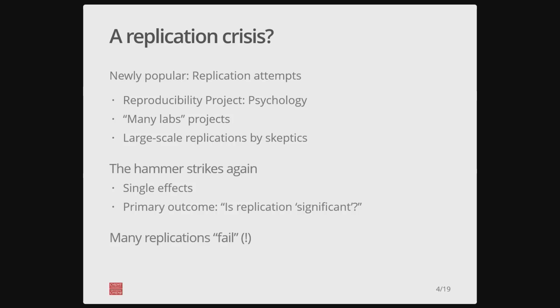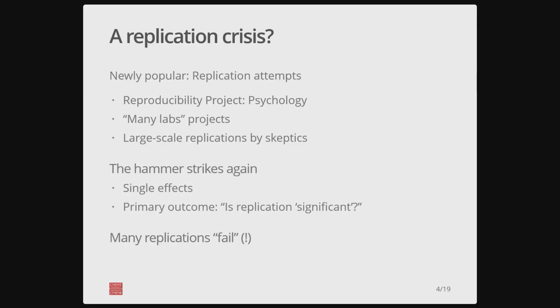And if you actually do a test for whether the effect sizes in the original and the replication are significantly different, you often find that that's not significant, and further, the uncertainty in that difference is huge. So we actually don't learn that much from these replications. And again, we have to blame misunderstandings about significance testing. So many replications fail, but we're not actually quite sure how to interpret this.